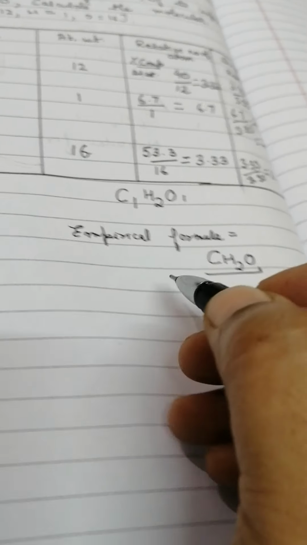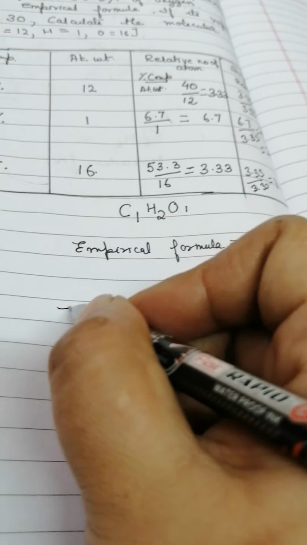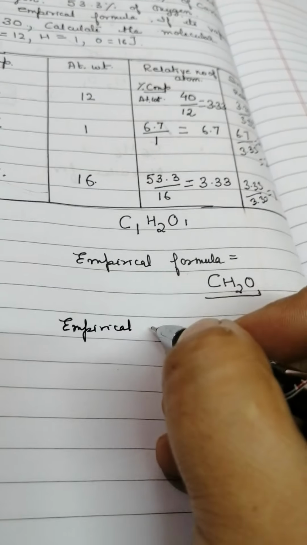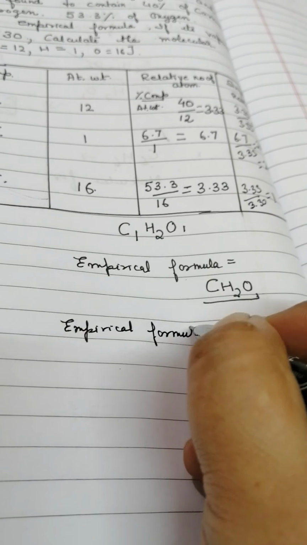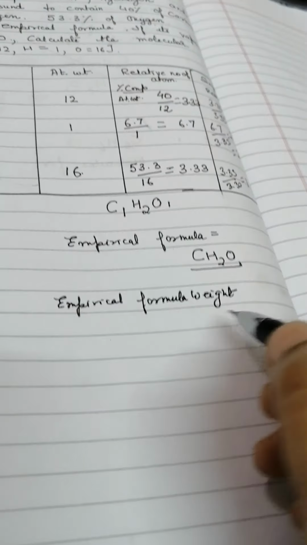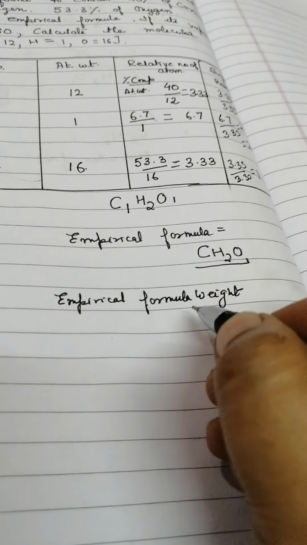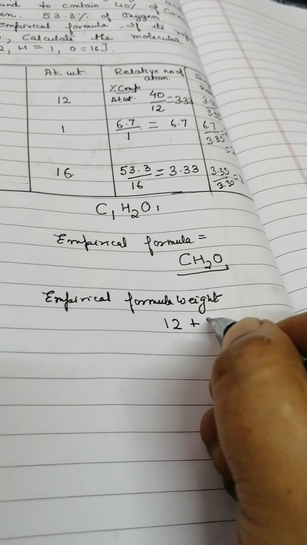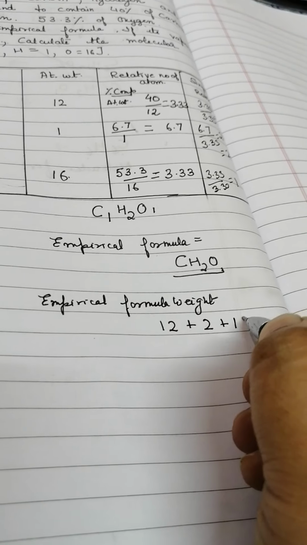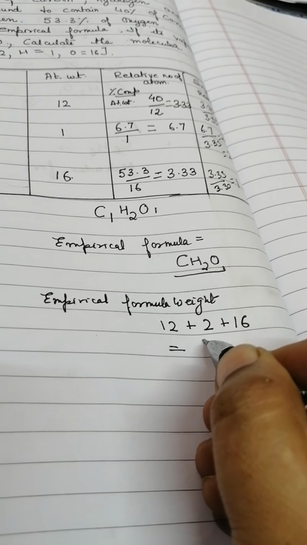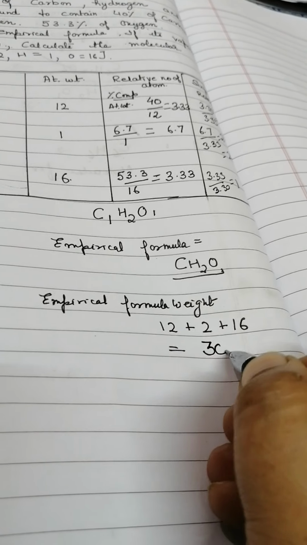For calculating the molecular formula, first we calculate the empirical formula weight, similar to how you calculate the molecular weight. Here we have one atom of carbon, so 12; hydrogen is 1, 2 multiplied by 1 is 2; and oxygen is 16. Adding these, it comes out to be 30.